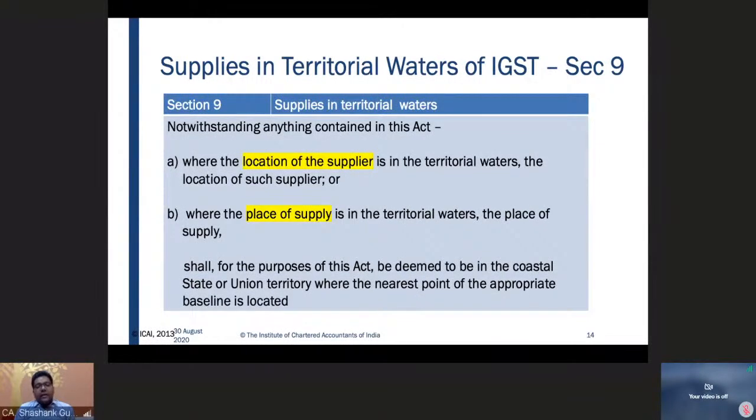And accordingly, you will be liable to tax within that state. So they are saying basically, when you have to decide which state's tax or which union territory's tax is payable, suppose someone is close to Pondicherry's baseline, then that person will be covered under Pondicherry UTGST. And suppose someone is close to the Madras baseline, then that person will be covered under Tamil Nadu GST.